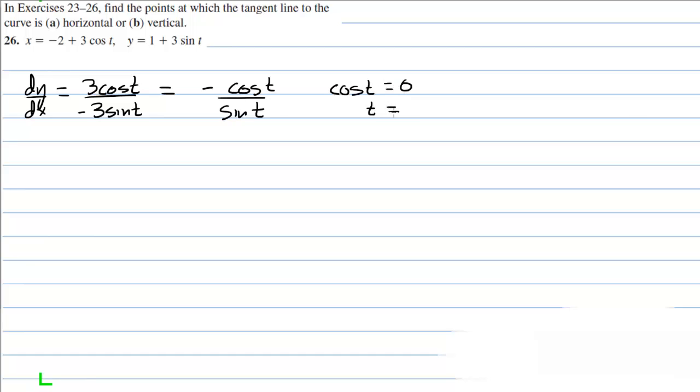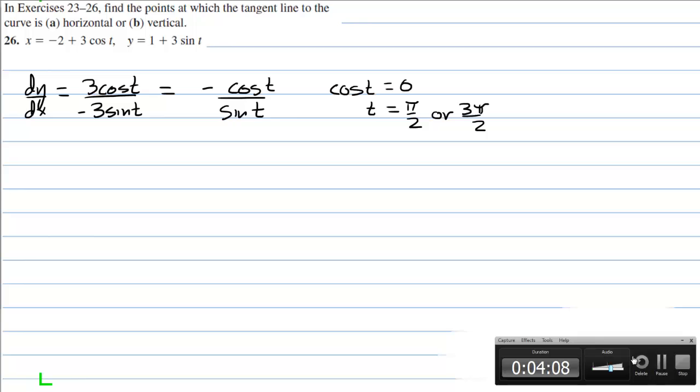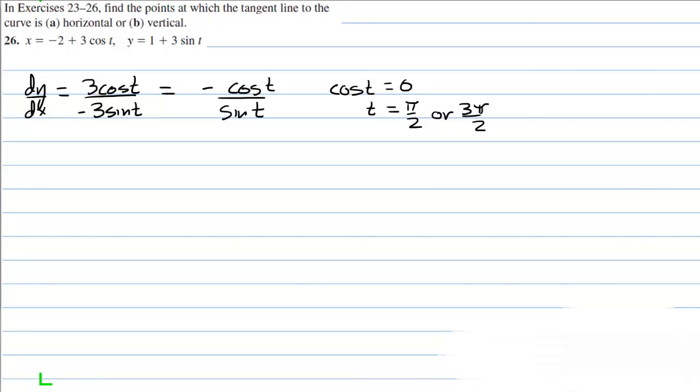So t equals pi over 2 or 3 pi over 2, which means we're going to have 2 points. When t equals pi over 2, the x-coordinate is negative 2 plus 3 cosine of pi over 2.